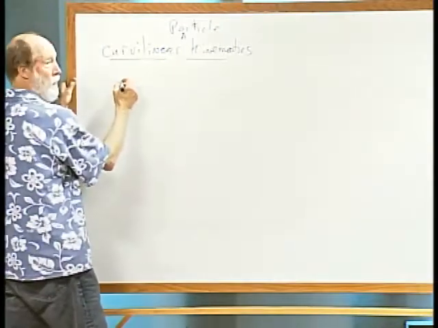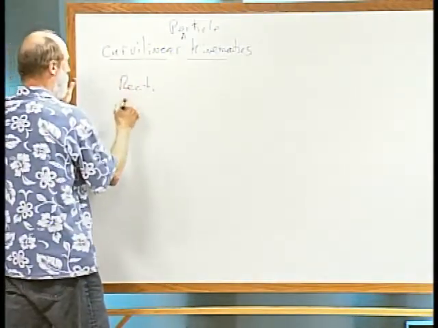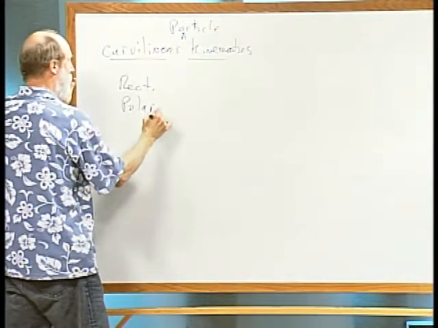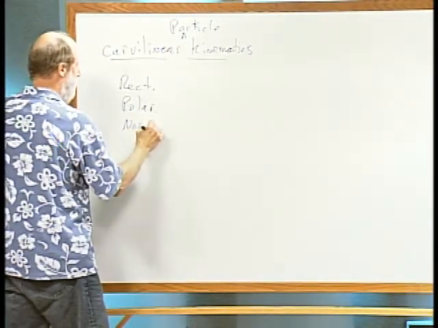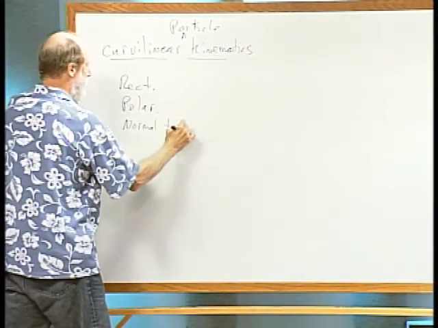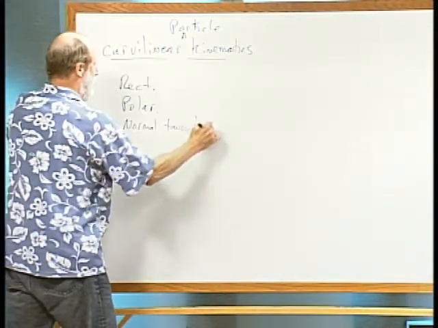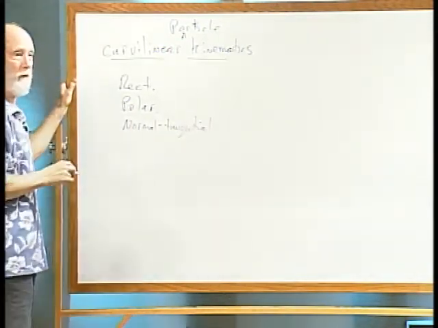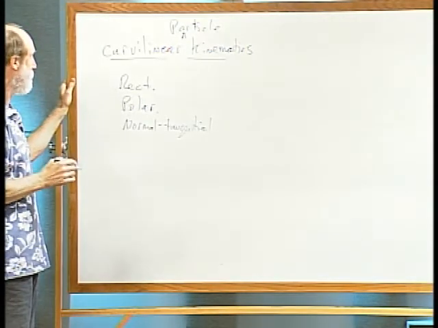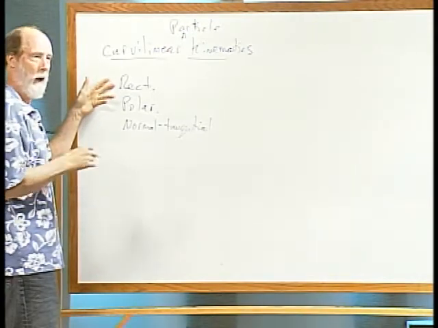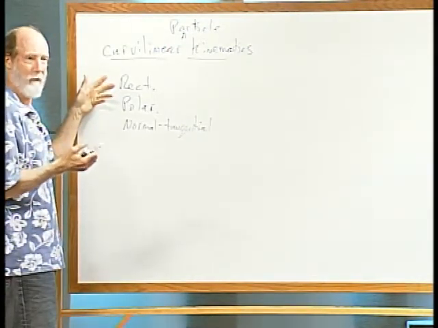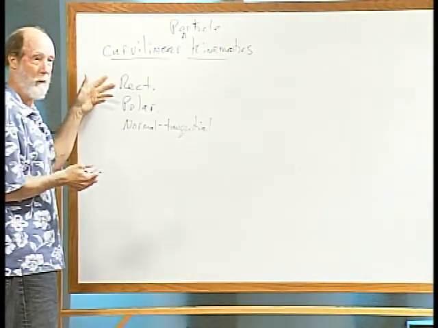And we used both rectangular, polar, and a third, normal tangential. Particle motion, curvilinear motion. The rectangular approach lends itself nicely to motion like projectiles, etc. You're pretty comfortable with that.